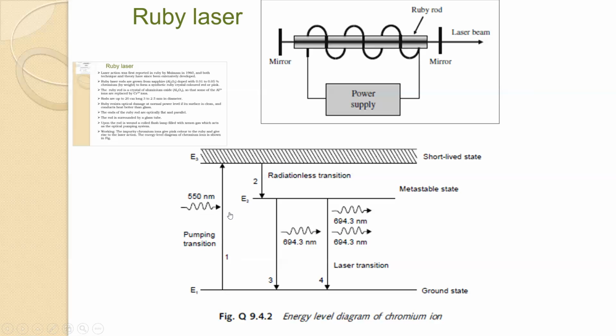Then the atoms go to the energy level E3. As it is very short-lived, by a radiationless transition, the atoms go to the state E2. As it is a metastable state, the atoms stay there for a long period.